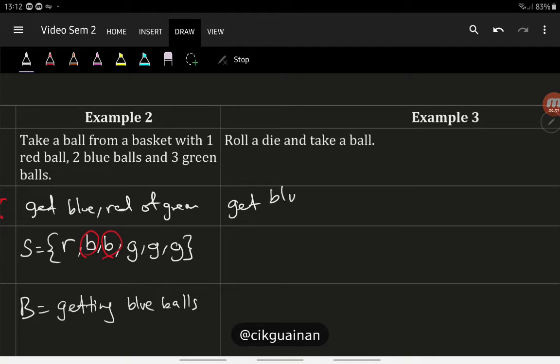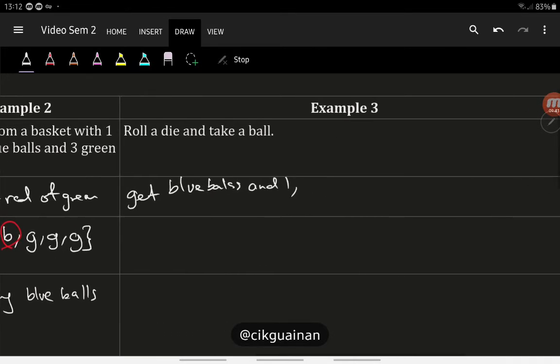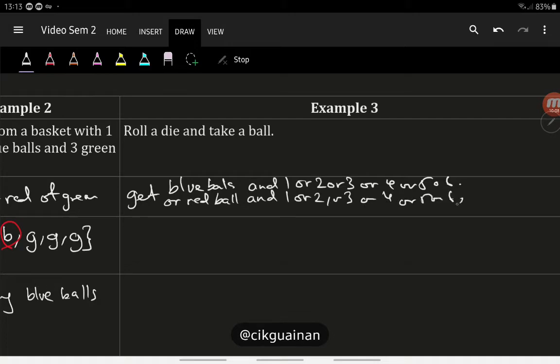The outcome, we might get blue balls and the numbers, 1 or 2 or 3 or 4 or 5 or 6. Or we might get a red ball, only one ball, and 1 or 2 or 3 or 4 or 5 or 6.